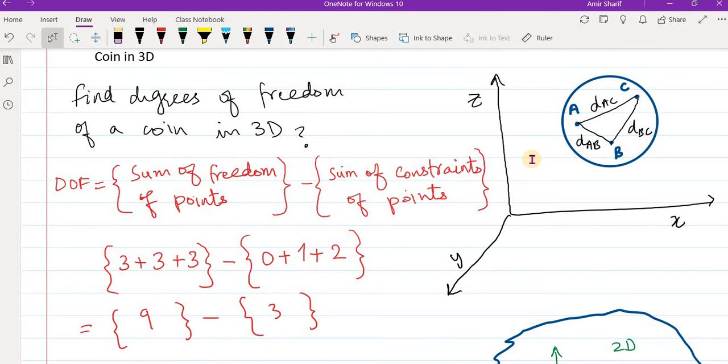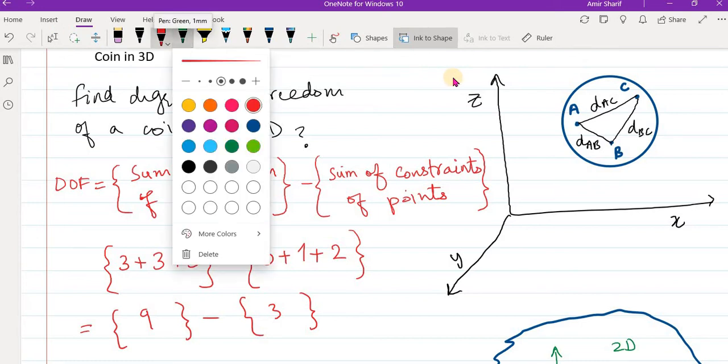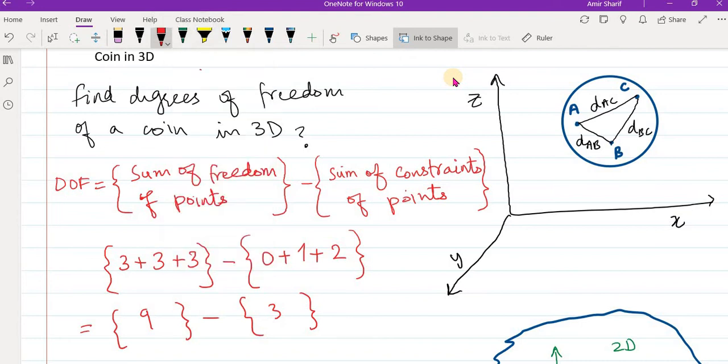So here the rotation about the z-axis we call theta, rotation about the x-axis we call alpha, and rotation about the y-axis we call beta.